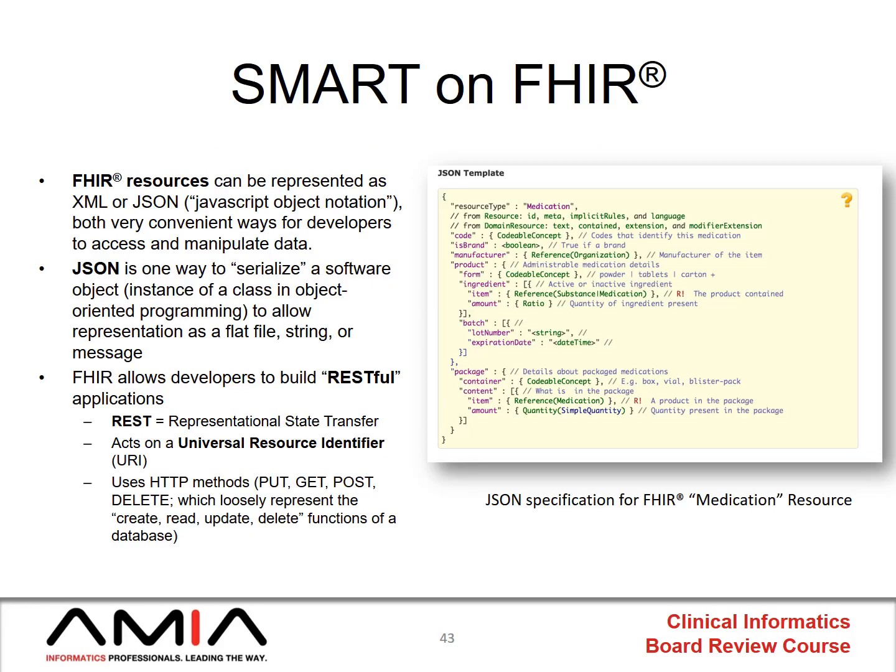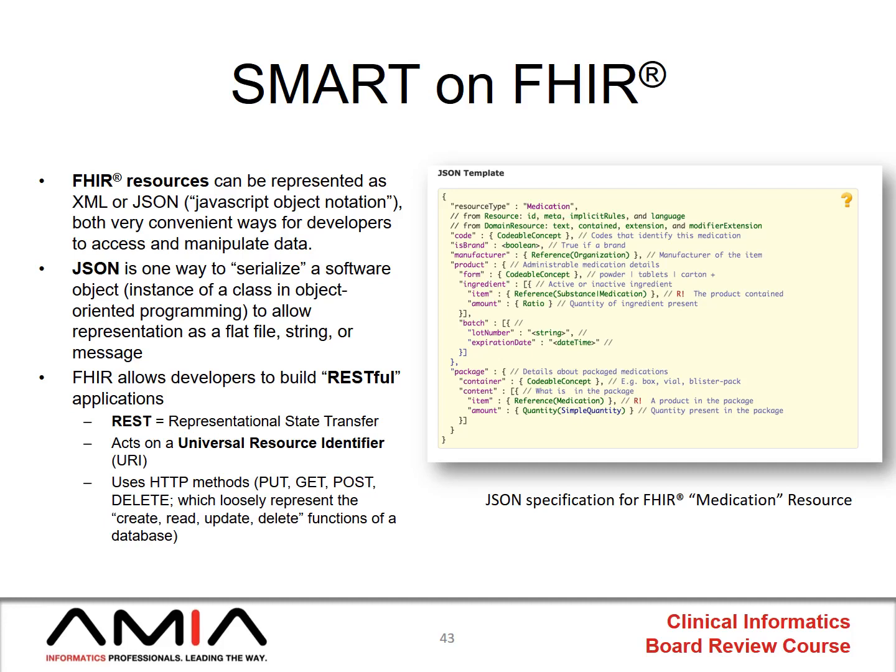So here's an example of a FHIR resource. And this is the same resource, the medication resource, but now I'm showing it as a JavaScript Object Notation, JSON, template. So that nested array of concepts can be referenced with this, what is it, like 20 lines of code. And when you take a multidimensional structure like that and you put it into a set of nested, bracketed contents like this, that's called serializing an object.